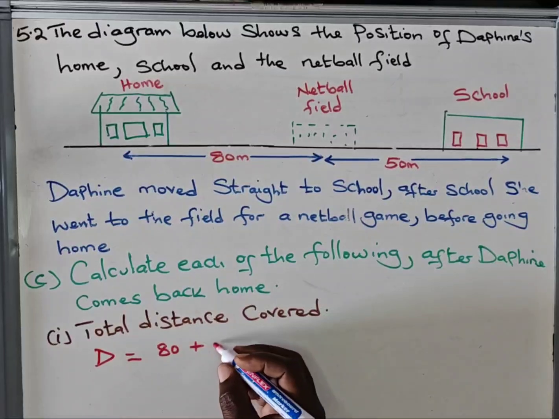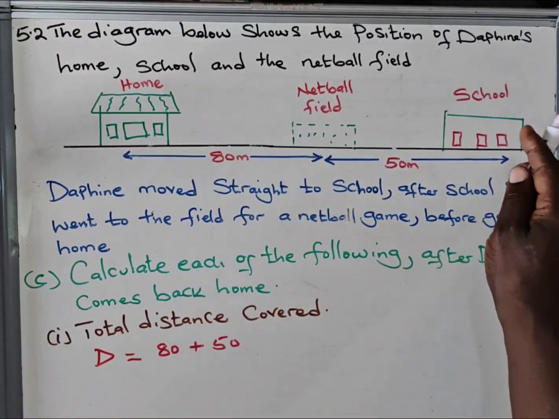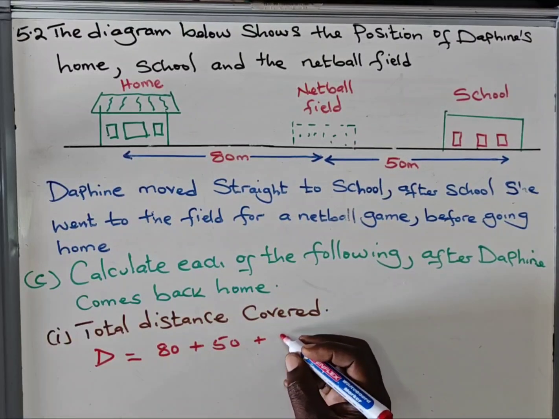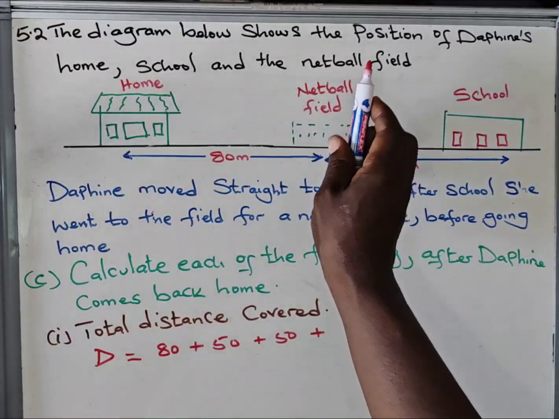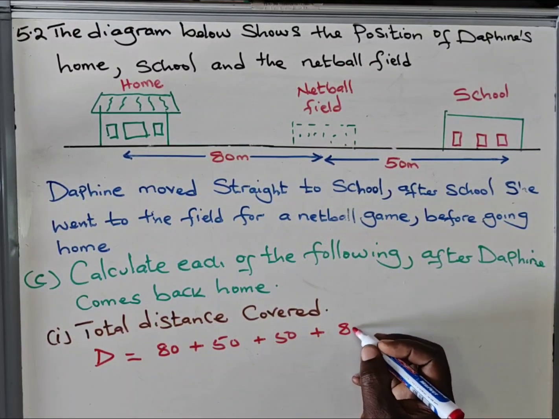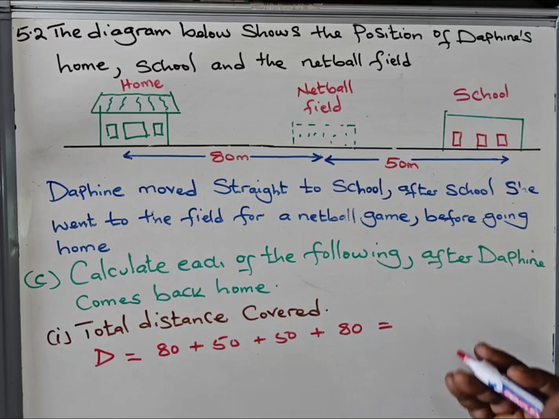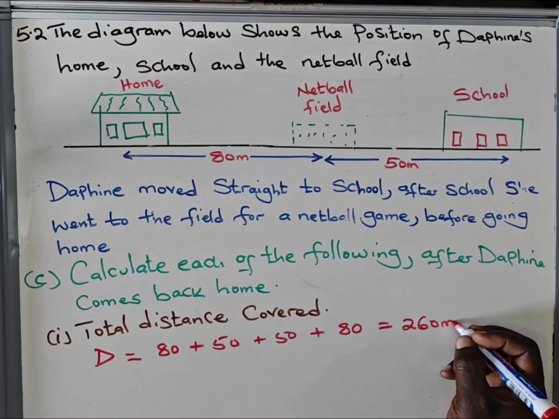Passed the field up to the school, that's 50. From school to the netball field, that's 50. And from netball field to home, that's 80. That's the total Daphne covered. And when you add, we get 260 meters.